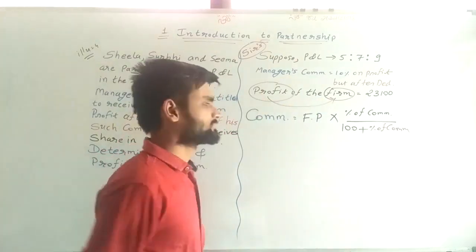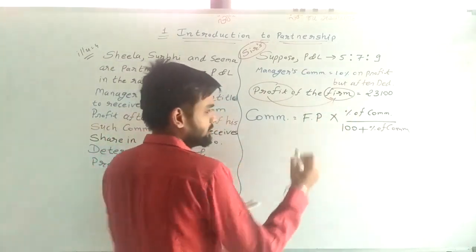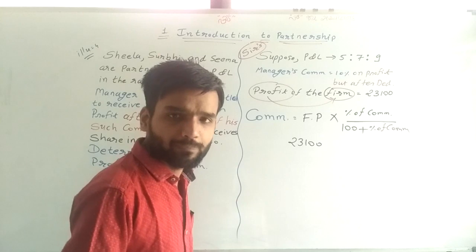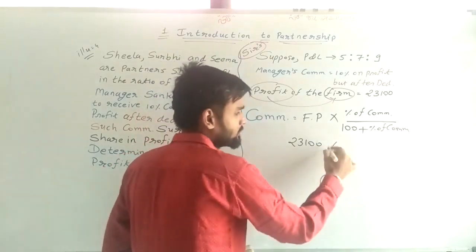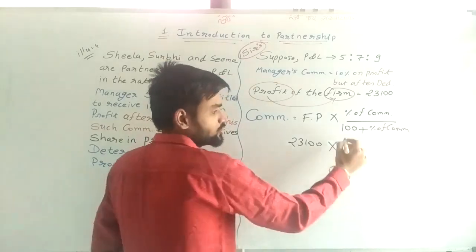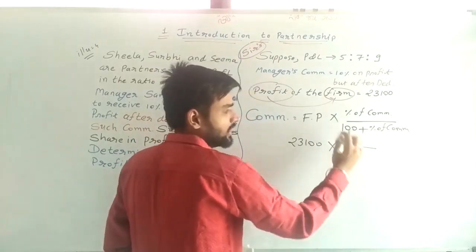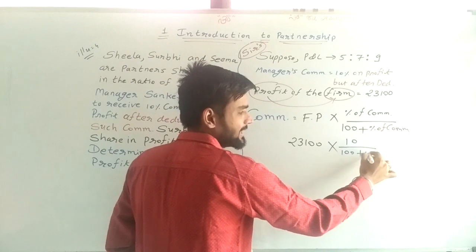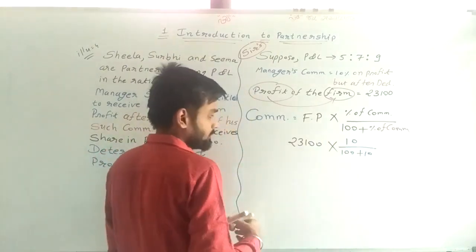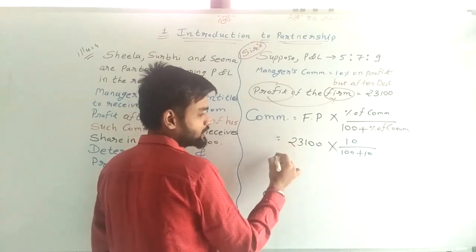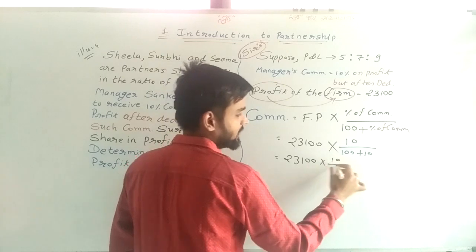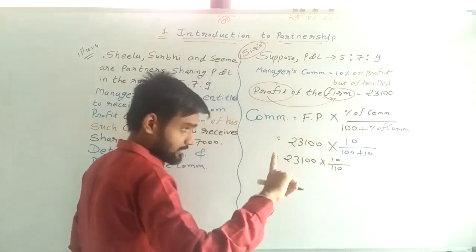Now see, firm's profit 23,100 rupees into, the percentage of commission here is 10%, so into 10 upon 100 plus 10. Now calculate this commission in the calculator: 23,100 into 10 upon 110.